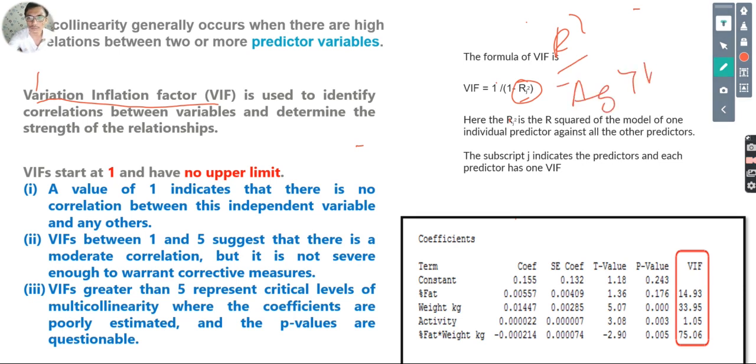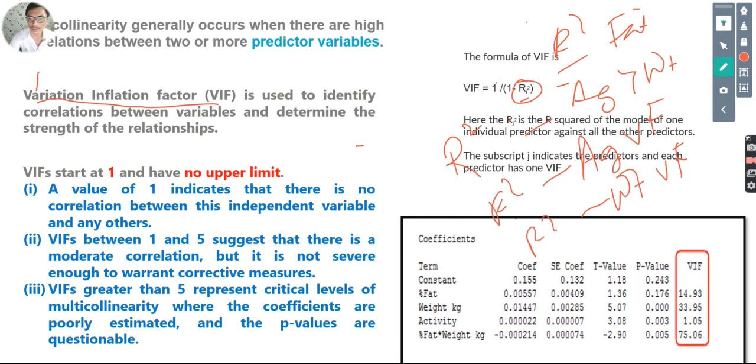Age versus weight, okay. And again, suppose we are taking another factor, fat intake: age versus fat, weight versus fat. So for every correlation, we have to find the R square from here, and then we can compute this one.